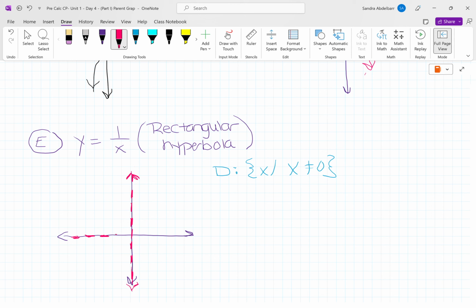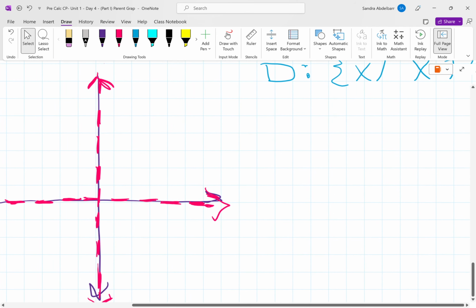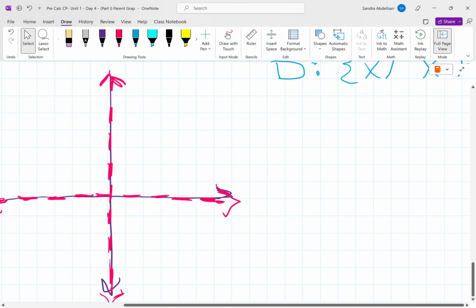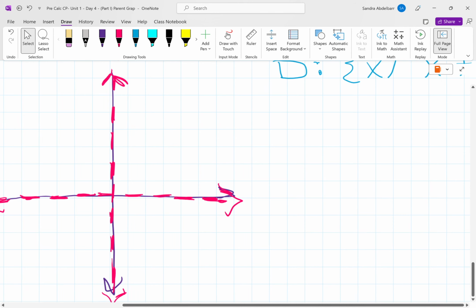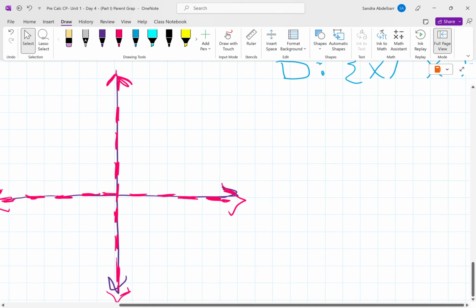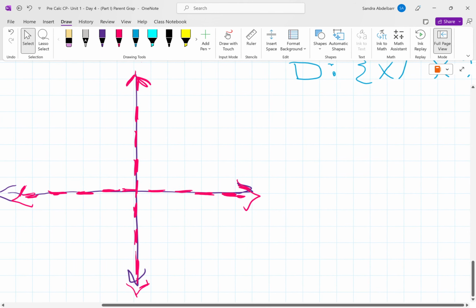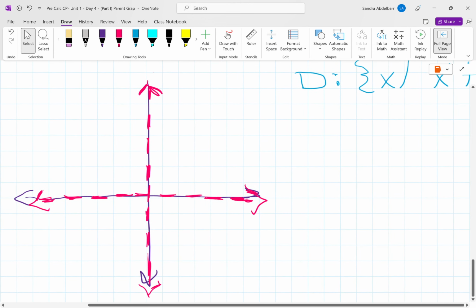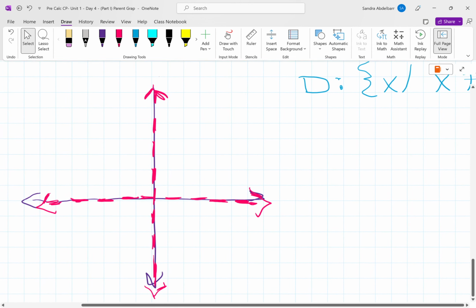There's another asymptote at y equals 0. And do you see how I'm drawing these asymptotes? What am I drawing them with? Colors. Well, colors, but more importantly, what kind? How am I making the line? Dashed. Yeah, asymptotes are always drawn with dashed lines. So that's important.